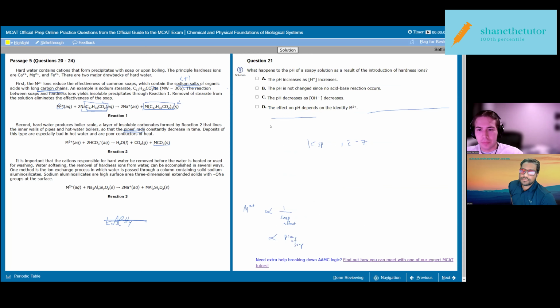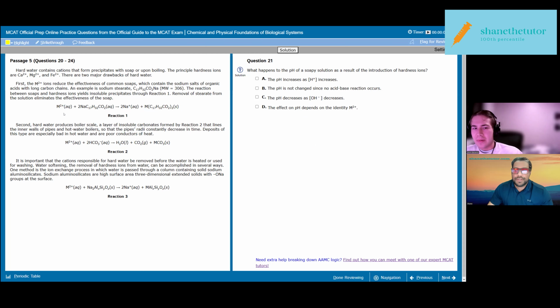What happens to the pH of a soapy solution as a result of the introduction of hardness ions? It's probably alluding to reaction one. What happens to the pH? I would think nothing.